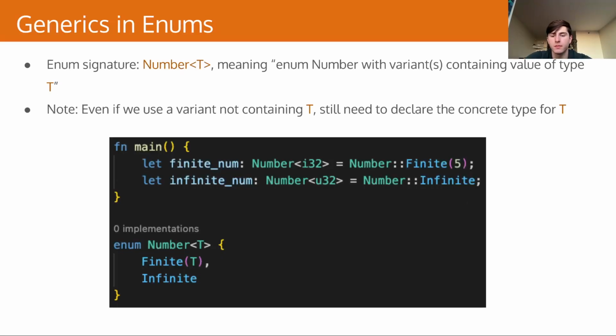In enums, it works pretty much the same way. The variant containing the type T can be any type you want, like i32, u32. This is just an unsigned integer, so it can't be negative. But yeah, it works the same.